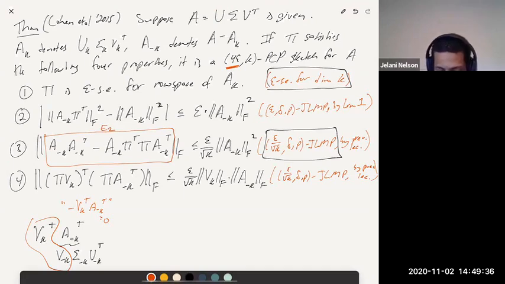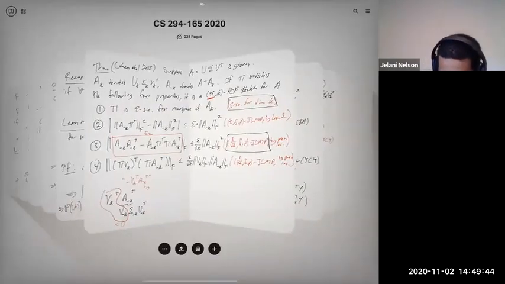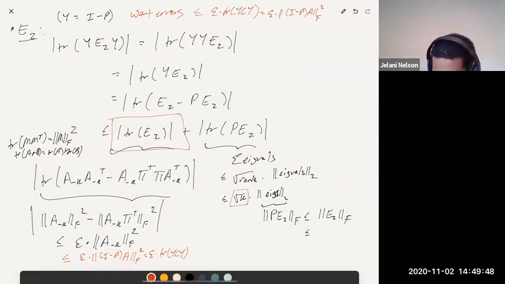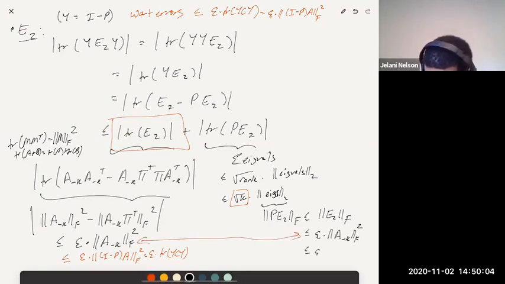Condition 3 says that the Frobenius norm of E2 is at most epsilon over root K times A minus K Frobenius norm squared. So that's exactly what I have here multiplied by the root K. So the root K goes away. And this is at most epsilon times A minus K Frobenius norm squared, which is exactly the same thing that I already had here. So this is at most another epsilon times the trace of YCY.